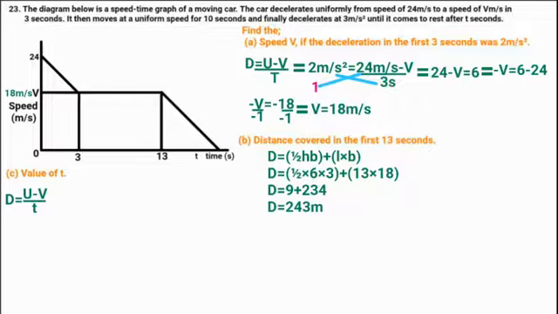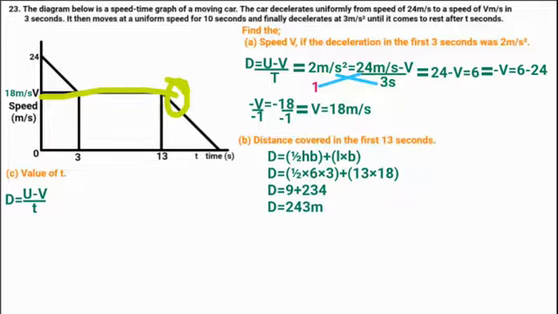The deceleration was 3 meters per second squared. So what was the initial speed? To find the initial speed for the final journey, we can see here that when you follow this line, it's coming to 18. So the initial speed was 18.